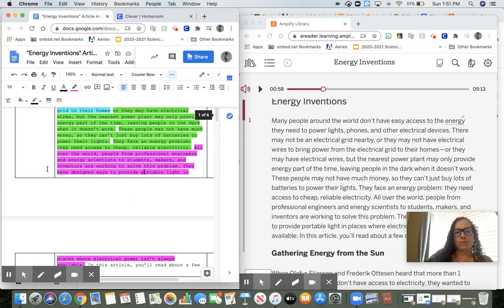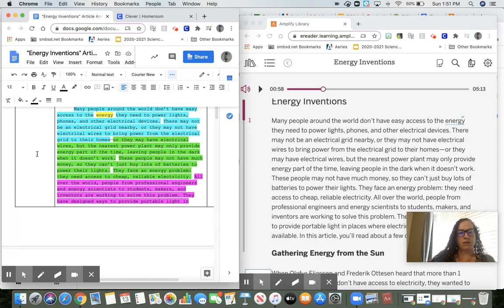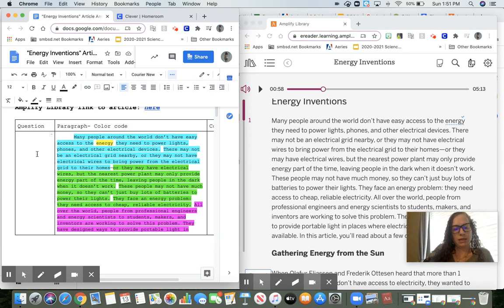So a question I could ask over here could be, I could even be real nice, simple and write, what is energy? We know that that could be on a quiz. Or I could do something like, why are there rolling power outages? Because they're talking about how we get that power from the grid and stuff. So I could ask something like that.